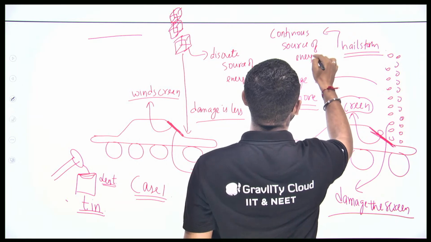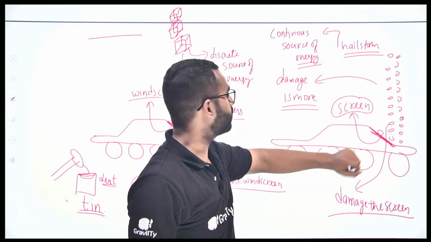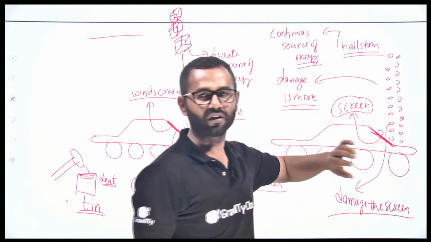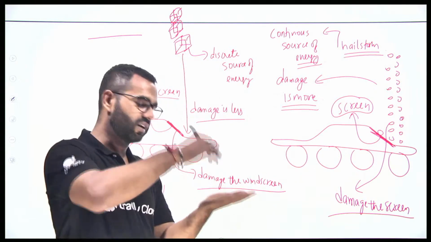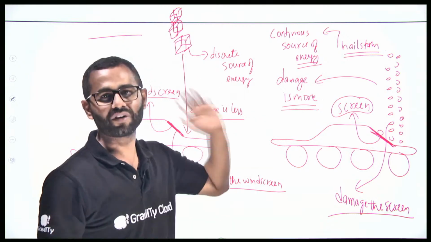These hailstones are continuously striking the windscreen and continuously supplying energy to the windscreen, right? Continuously they are coming like this, so it will give more damage.